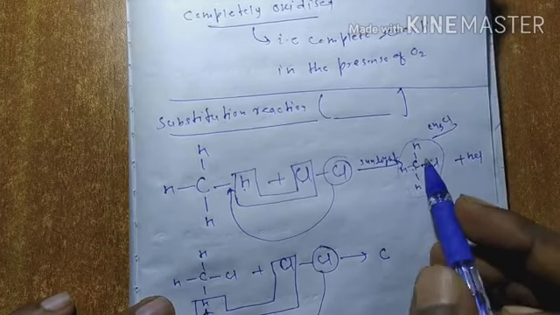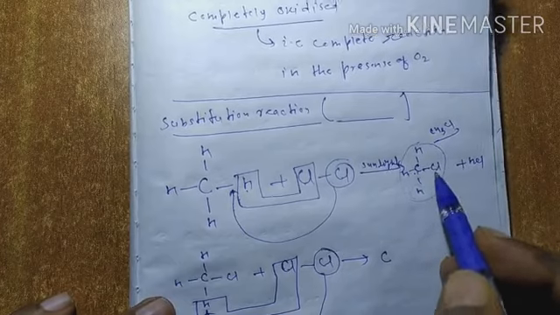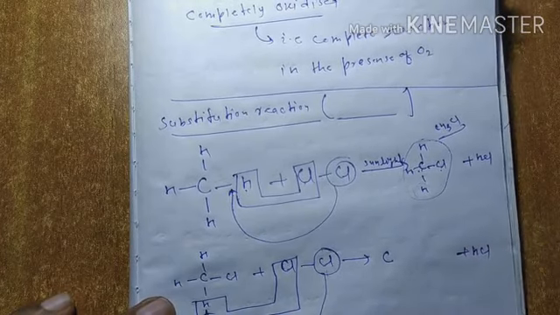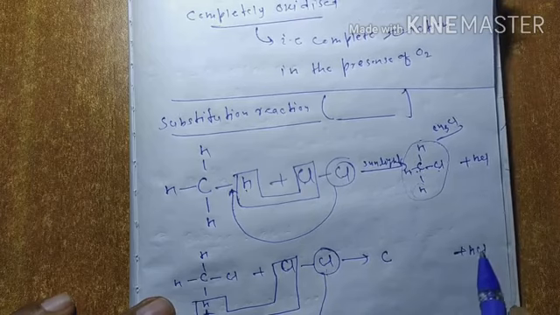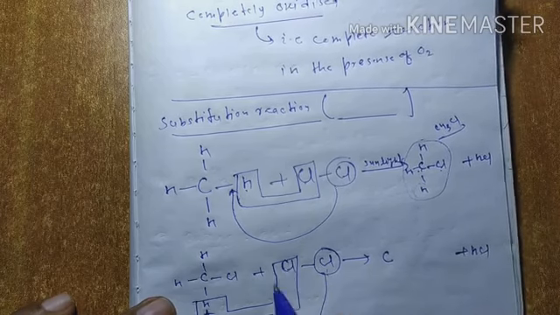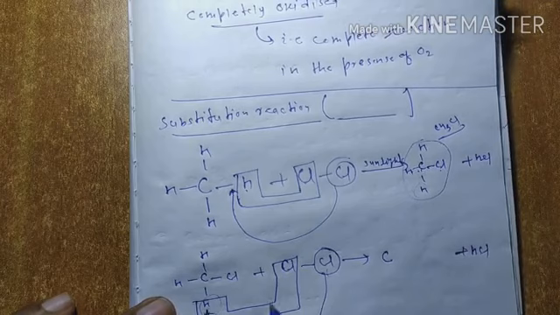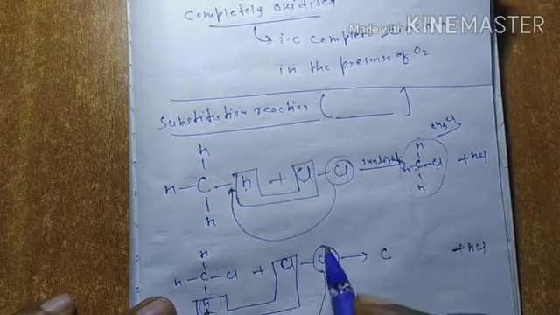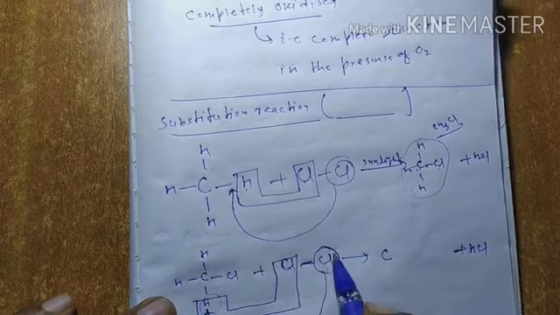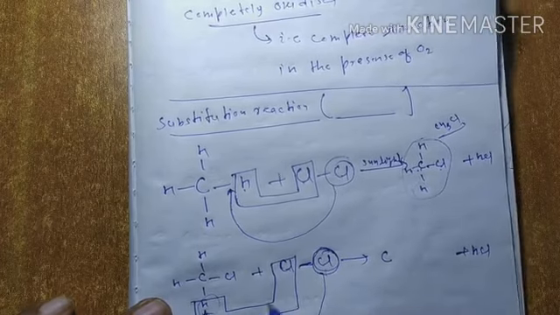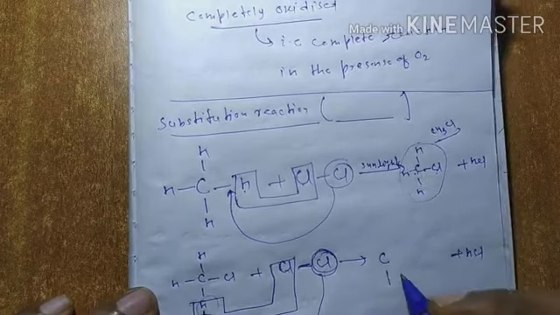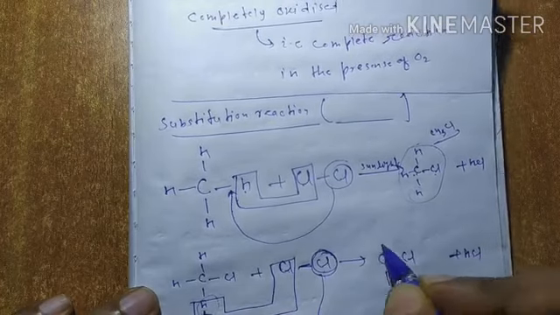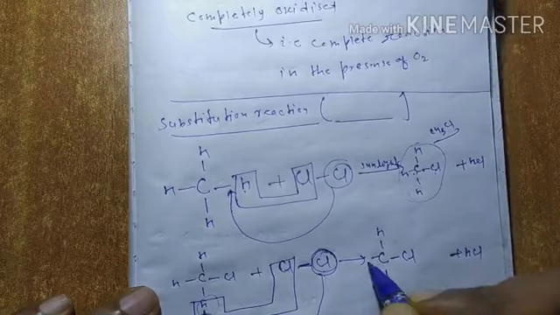This is methyl chloride. This chlorine atom reacts and HCl will form. There are now two chlorine atoms: Cl, Cl, H, H.